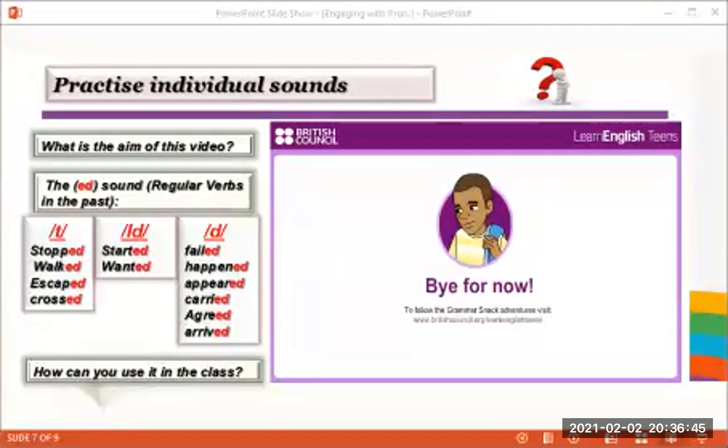I stick some word cards and picture cards on the board, and divide the board into 3 boxes. The first box with the sound T, and the second with ED, and the third with D, and write some words as a model, and then ask the pupils to stick the card in the right box. Okay, thank you, Mr. Ahmed.